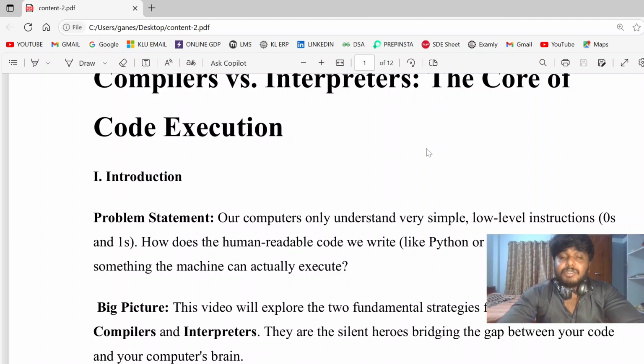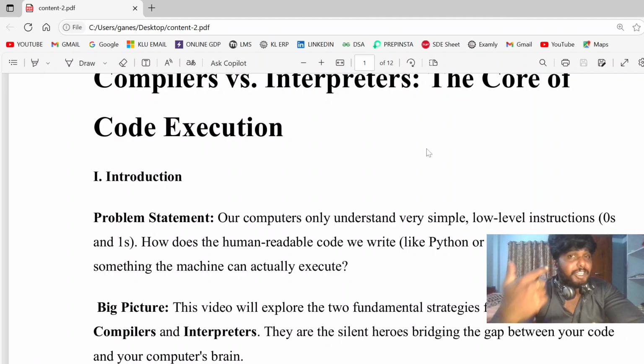Our computers only understand very simple low level instructions, zeros and ones. So how does the human readable code we write, in Python or C, get turned into something the machine can actually execute?